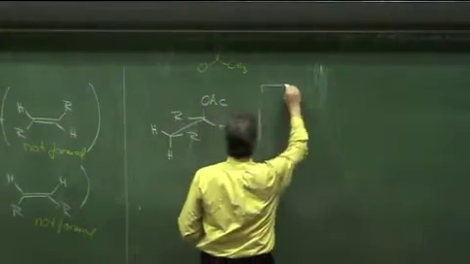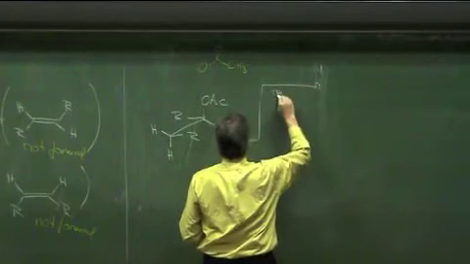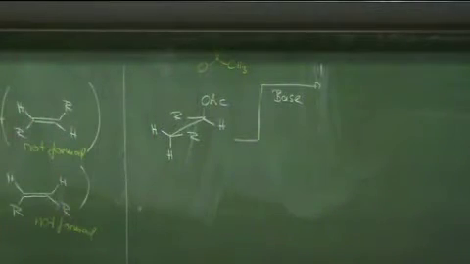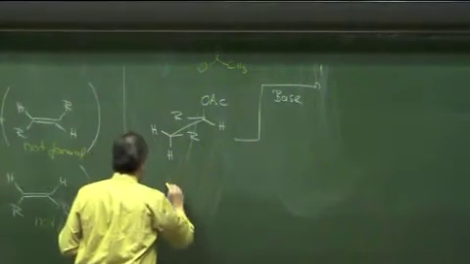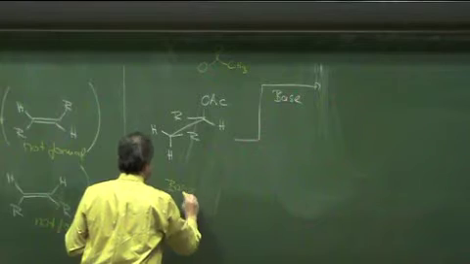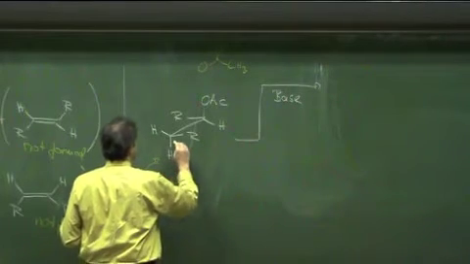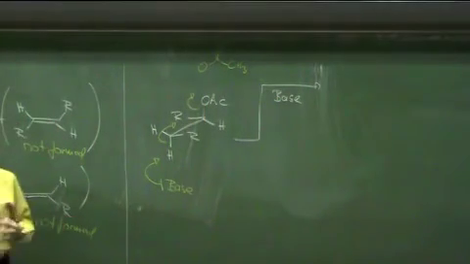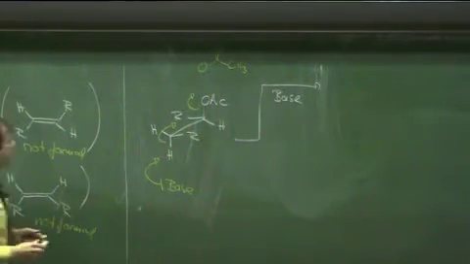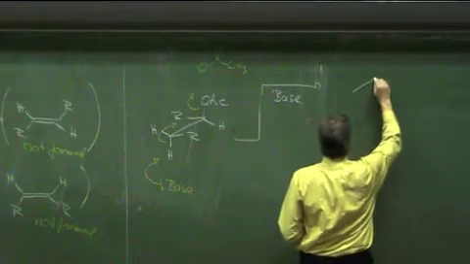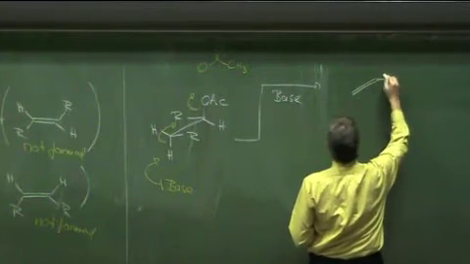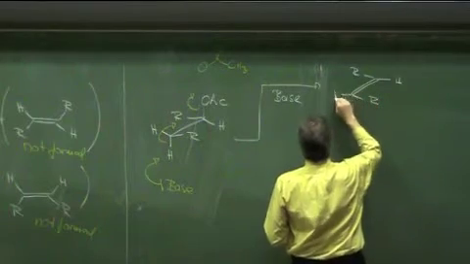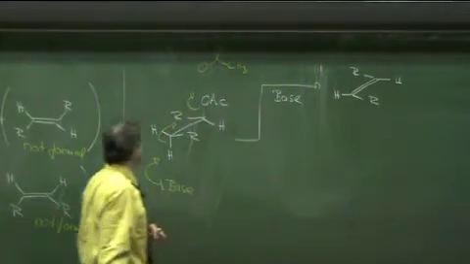If you treat such compounds with a base, the normal E2 reaction will occur, following an anti-process, and this will give you, in this case, the trans product here.